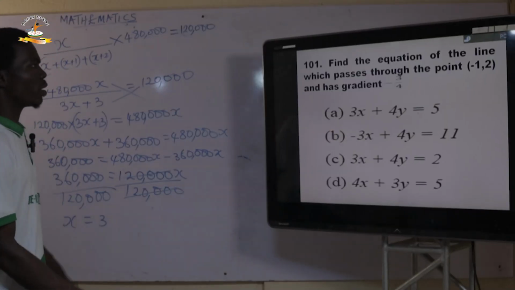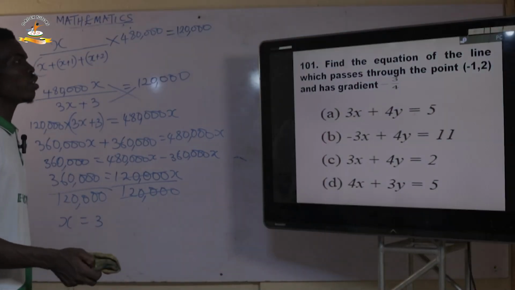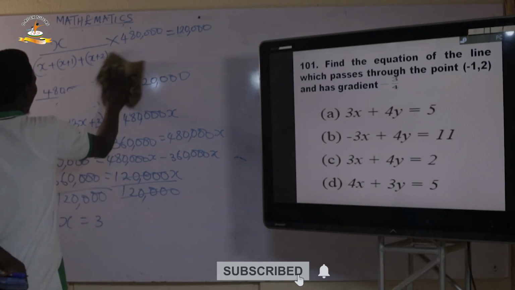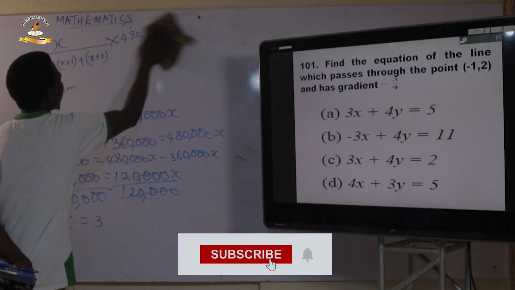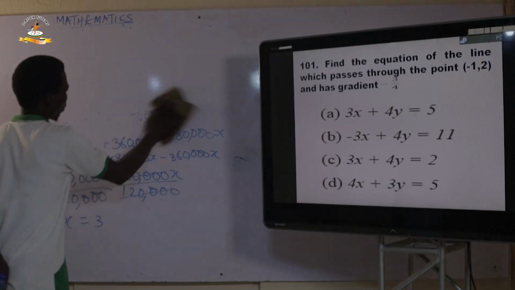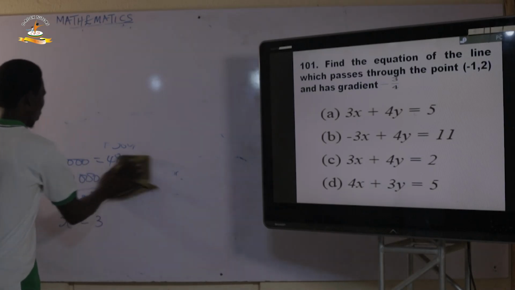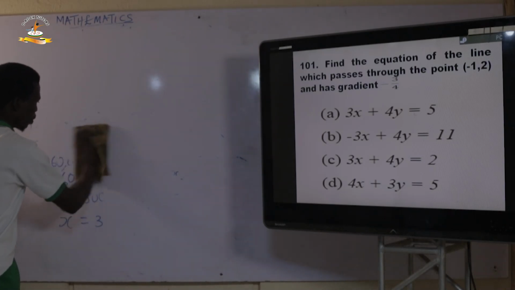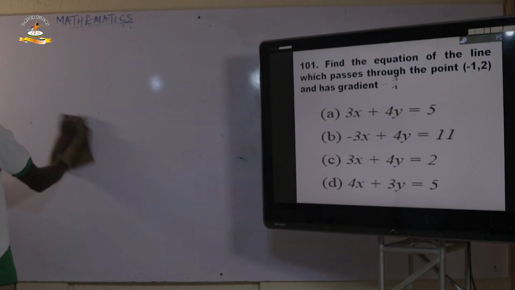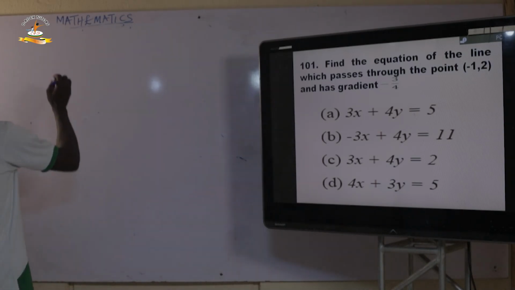Alright, question 101 says find the equation of the line which passes through the point (-1, 2) and has gradient -3/4. So we have to find the equation of the line which passes through points.